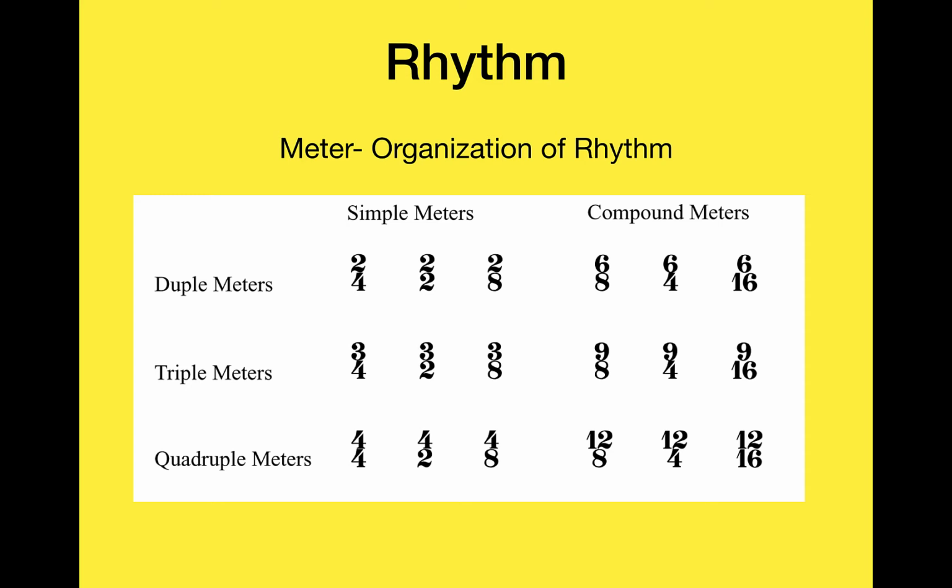So as an example, Jingle Bells would be in a duple meter. 1, 2, 1, 2, or 1, 2, 3, 4, 1, 2, 3, 4. Something in a triple meter might sound like this. A little 1, 2, 3, 1, 2, 3, 1, 2, 3.